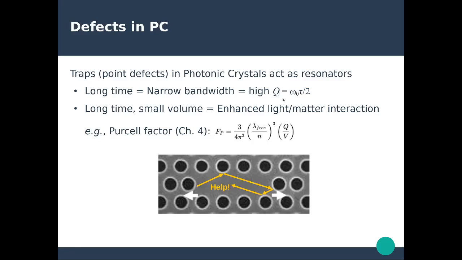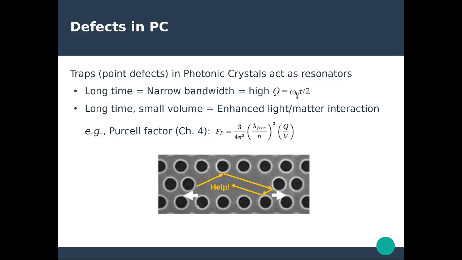The quality factor of a resonant cavity is proportional to the eigenfrequency of this cavity and the time the light is being trapped in the cavity. So the longer the time, the stronger the resonant factor. Why is this important?